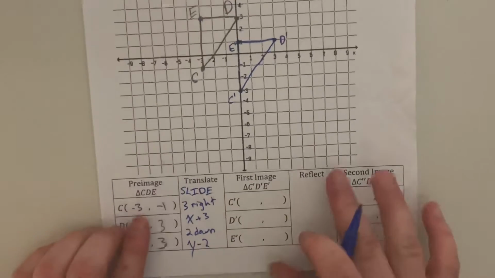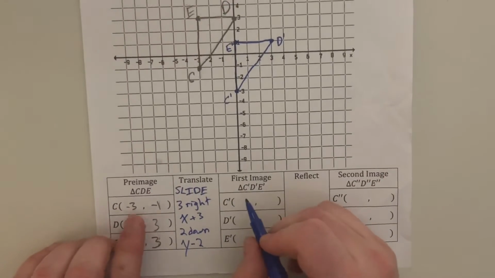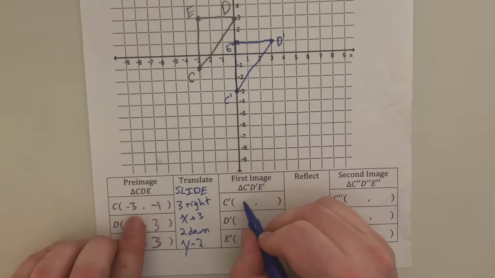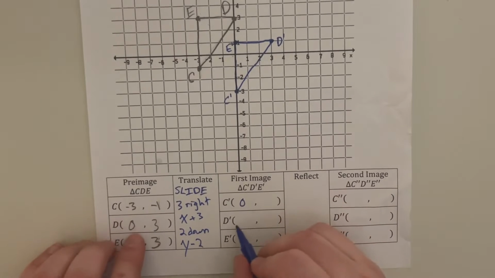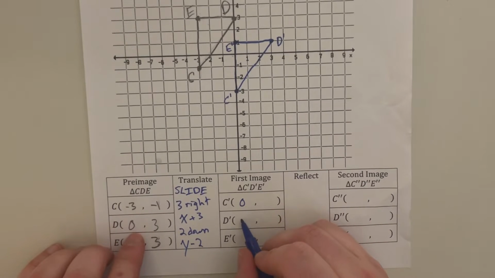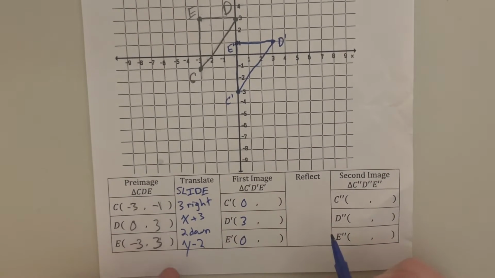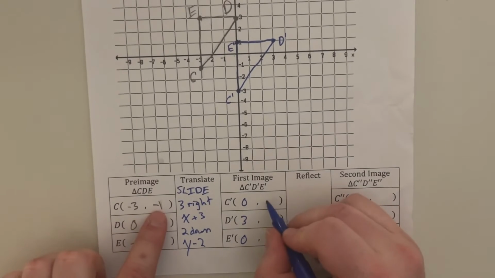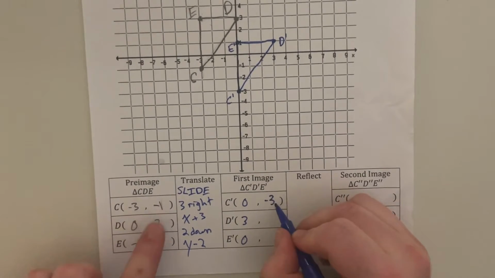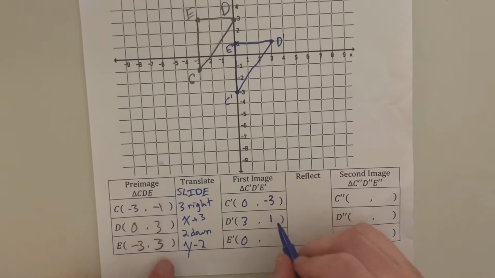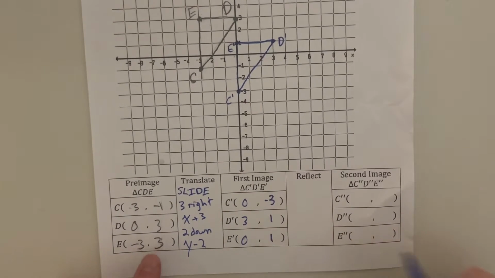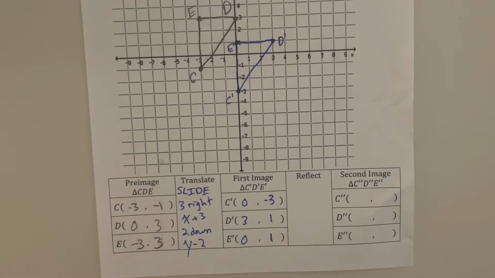So again, the way this works is as follows. I do -3 plus 3 is 0, 3 plus 0 is 3, and then I have -3 again, plus 3 is 0. Now I'm subtracting 2 from each of my y values, so I have -3, 1, and 1. All right.